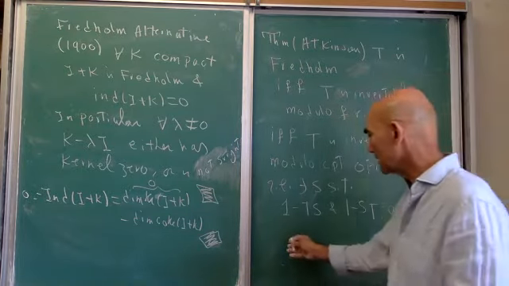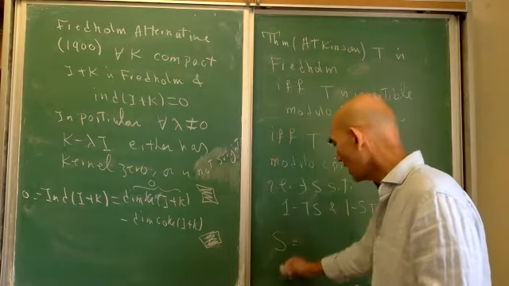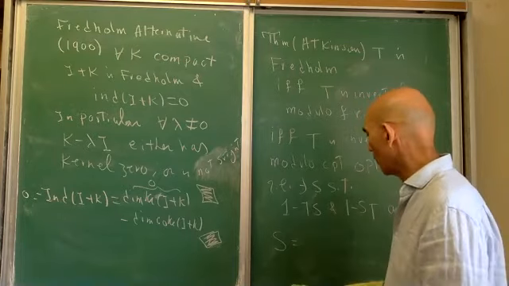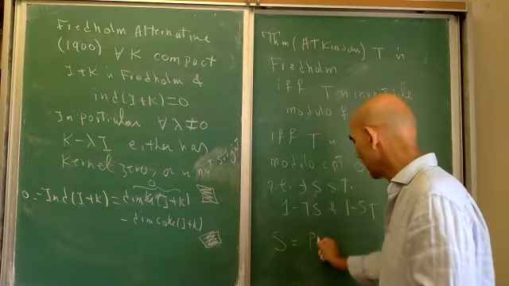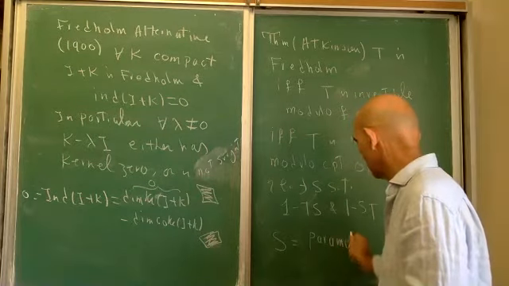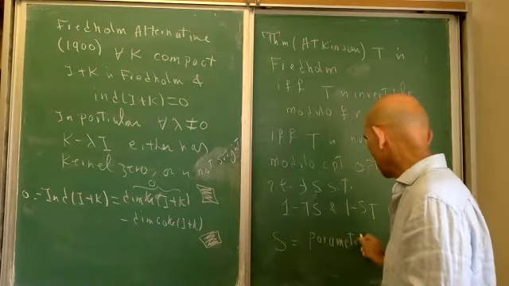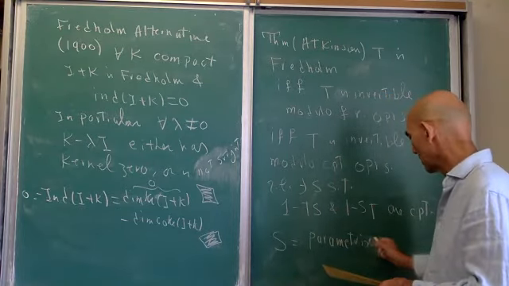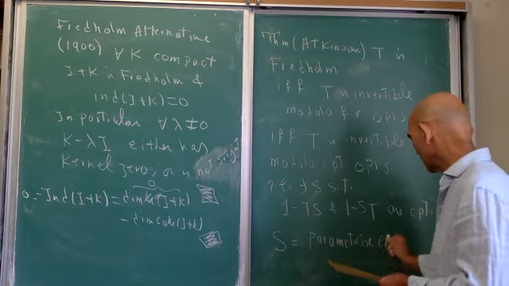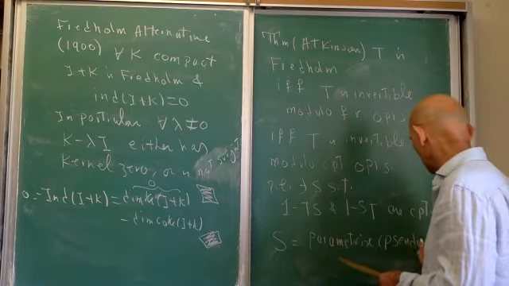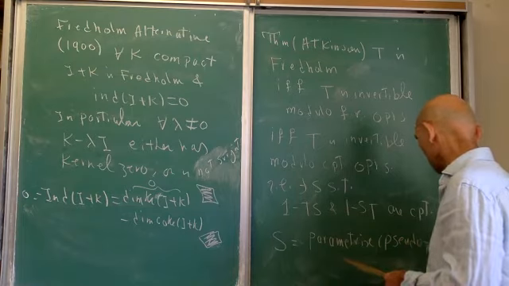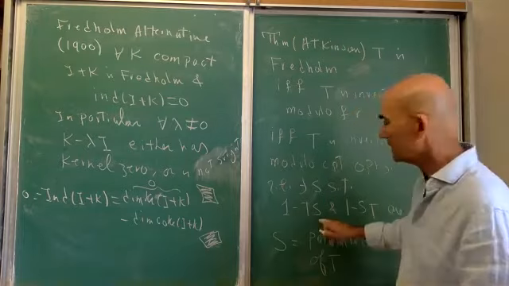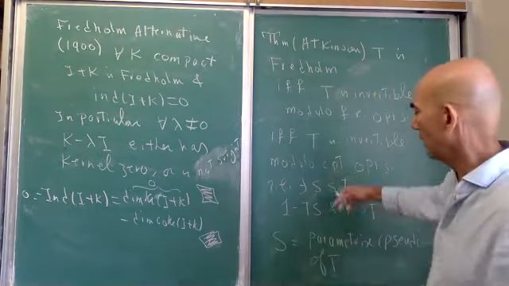So this S is called, as I said last time, the quasi-inverse or parametrix for T. Depends on the context. In PDE, it's called parametrix. In more algebra, it's called pseudo-inverse. Of course, S is not unique. If you find one, then you can find many.